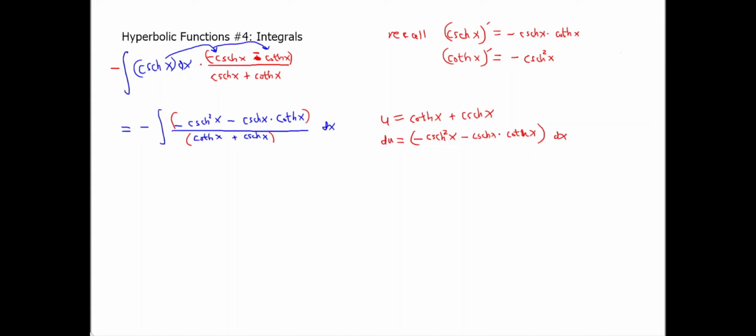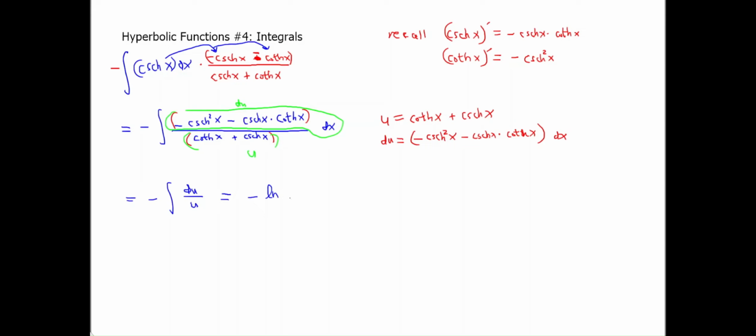What we get when we do that is that this whole deal up here is a du, and the deal down here is a u. We've actually seen this already a couple of times in this video. So we have negative this time, but otherwise integral of du over u.